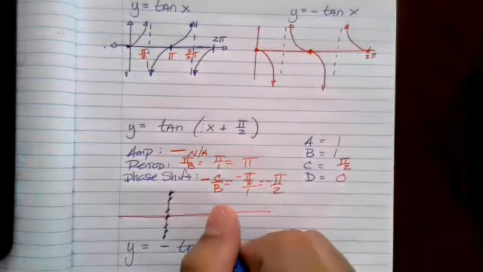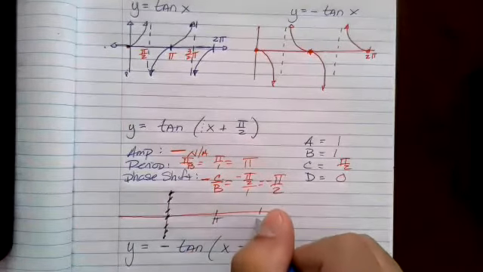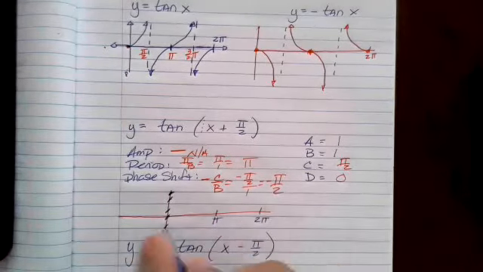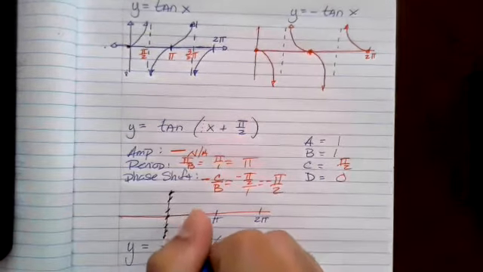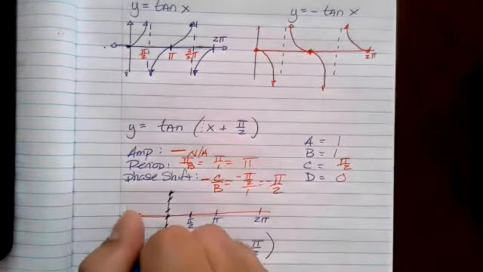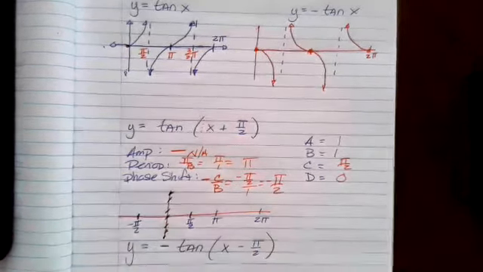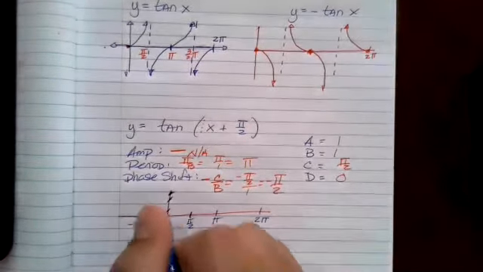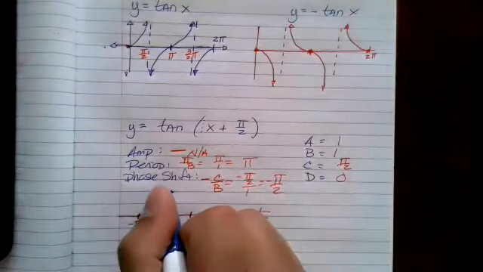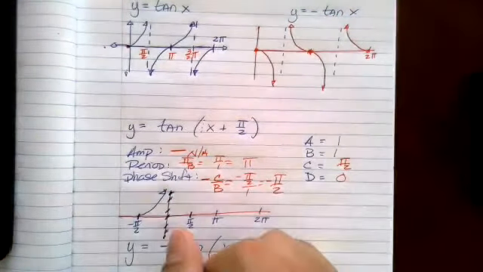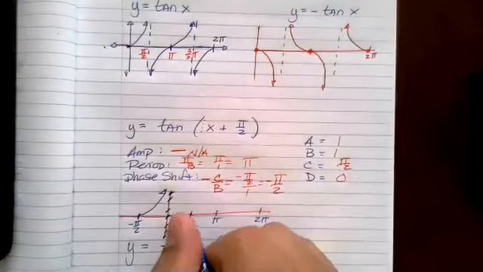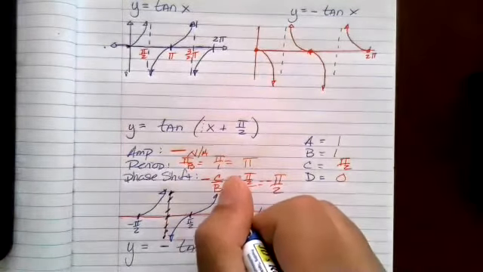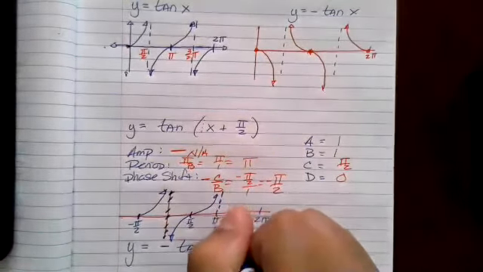And let's put our points pi, 2 pi. This is half pi, and this is negative half pi. So everything moved over half, so now this is going to look like that. And then I'm going to have this there, and I'm going to have an asymptote at pi.